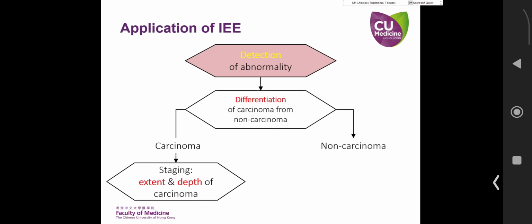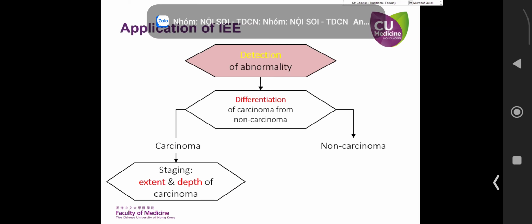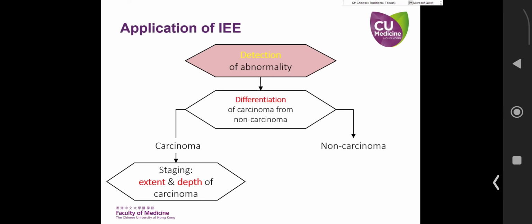Then if we decide that this is a cancer, the next question we need to ask, as Uedo Sensei mentioned, is to determine the stage. Endoscopic staging is very important because we will then make the decision whether we should refer this case for surgery or do the endoscopic resection.